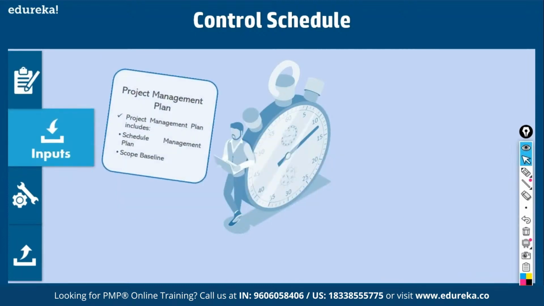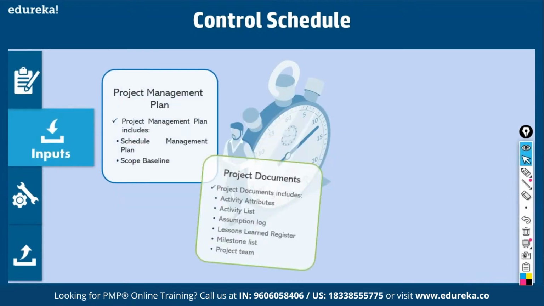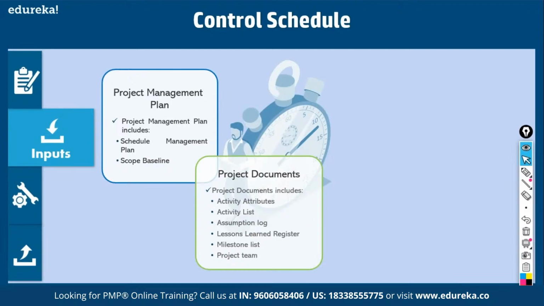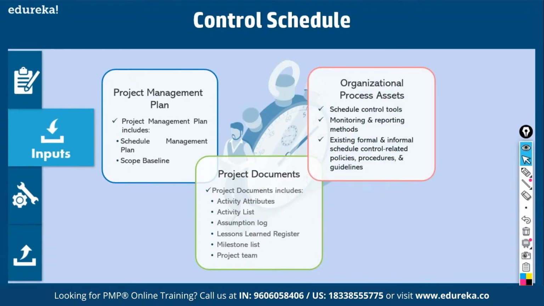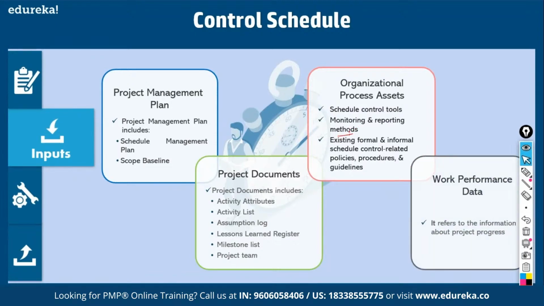Fine. So plan is an input, project documents are inputs, organizational process, any control tools, reporting methods are inputs. Then work performance data: which activity has started, which has not started, which has ended, right?